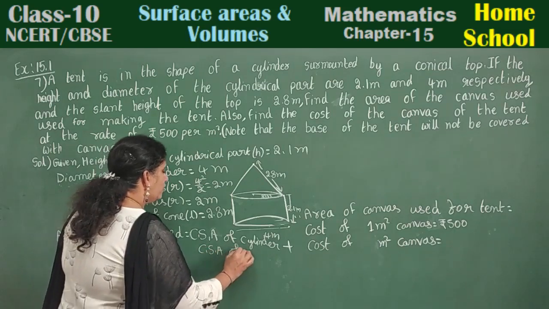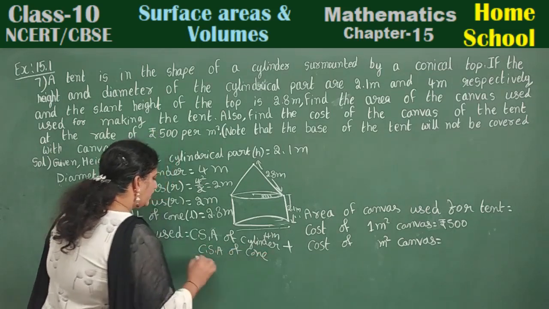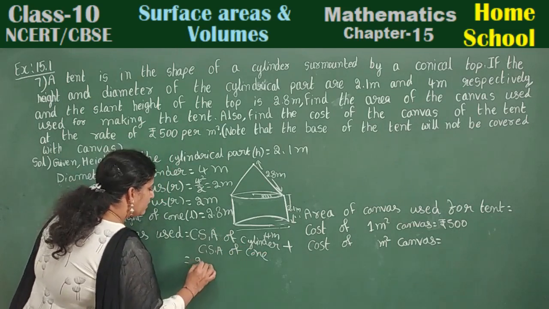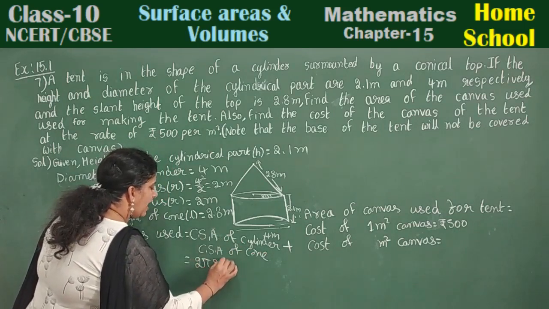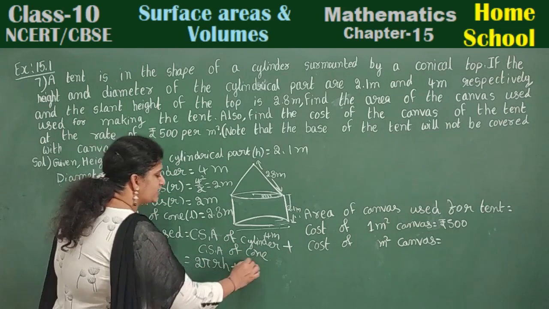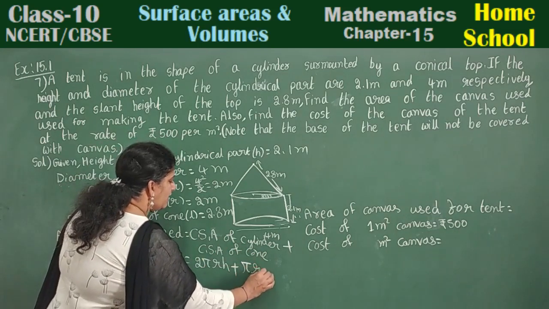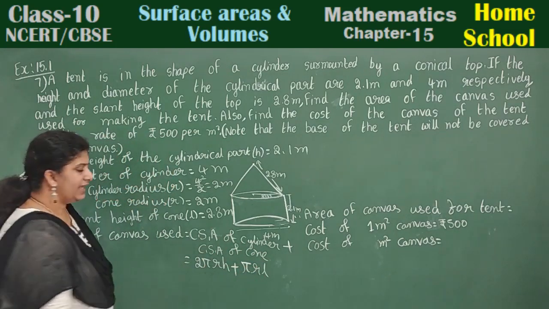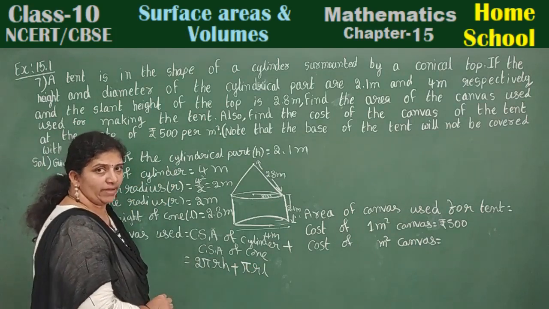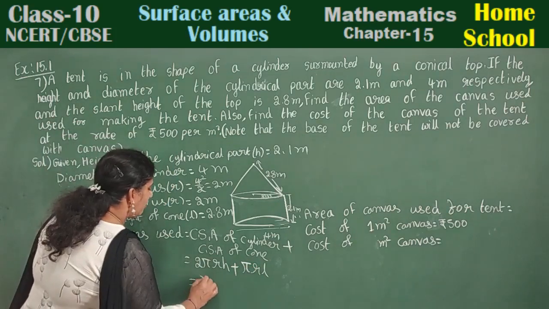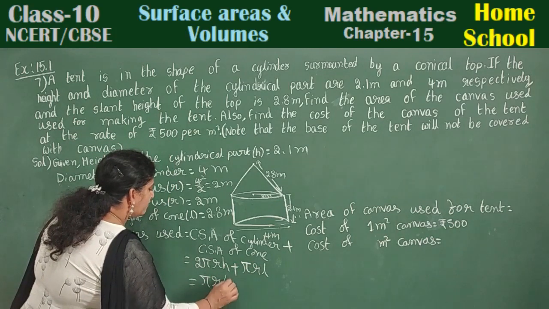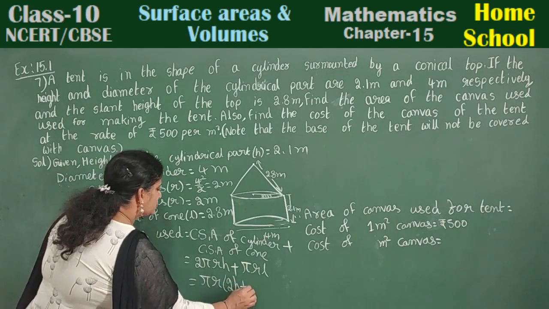What is CSA of a cylinder? 2 pi R H plus CSA of a cone, pi R L. In these two, anything is common? Pi R is common. Take out common. Pi R, if we take out common, 2H plus L.